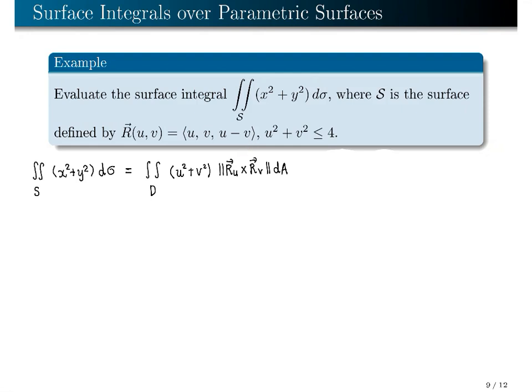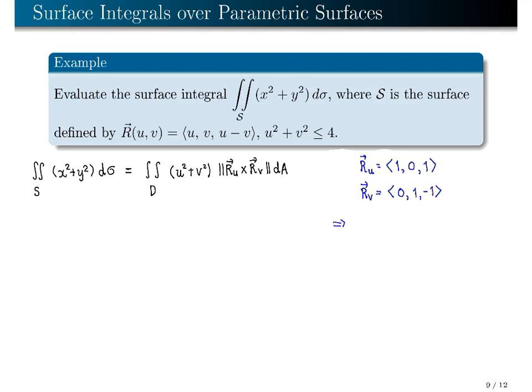For that, we need the vector Ru cross Rv. Note that the vector Ru has components 1, 0, and 1, which are the derivatives of u, v, and u minus v, respectively. Similarly, Rv has components 0, 1, and minus 1.